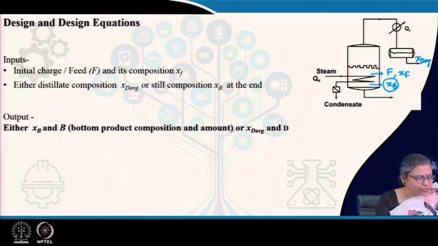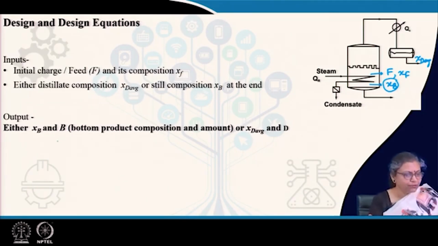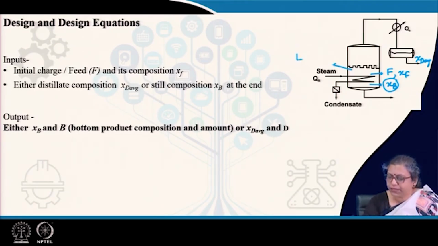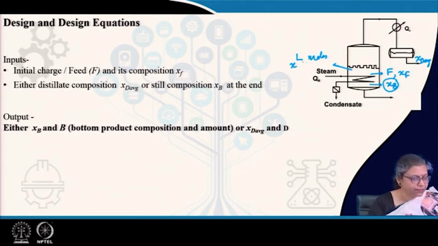So, in this particular case, what do we have? At any particular instant of time, the amount of liquid which is there is L moles, and the composition of the liquid in the still is X. Again, I will repeat, this X refers to the more volatile component. I will be deriving the Rayleigh's equation for a binary mixture.